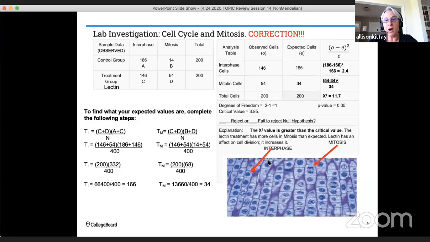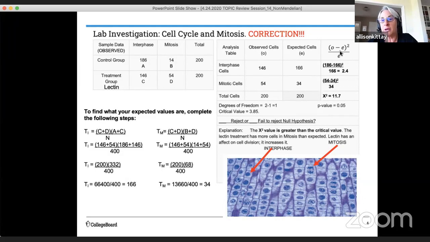Okay, so now we're going to go ahead and look at the chi-square analysis table. So our observed values in interphase from the lectin-treated group is 146, and for mitosis, it's 54. Our expected cells are what we just calculated, so 166 for interphase and 34 for mitosis.